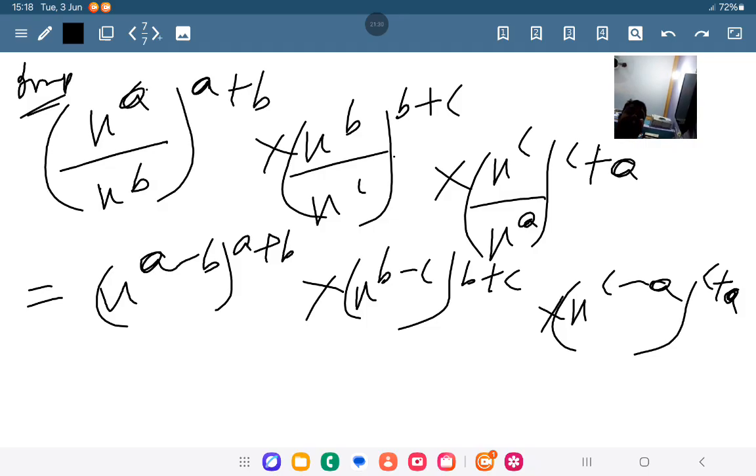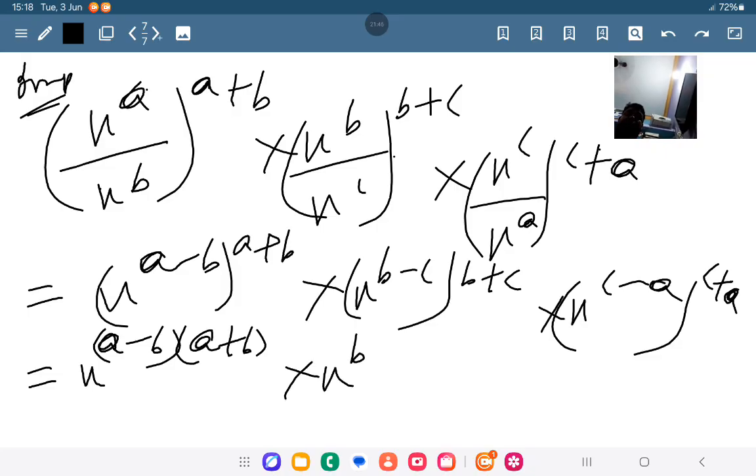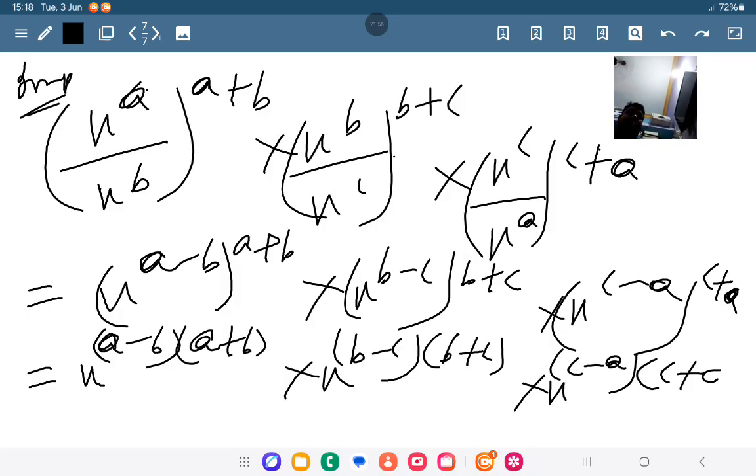Okay, again it is in the form of a to the power m whole power n, that is a to the power m into n. So it will be x to the power a minus b into a plus b, x to the power b minus c into b plus c, into x to the power c minus a into c plus a.